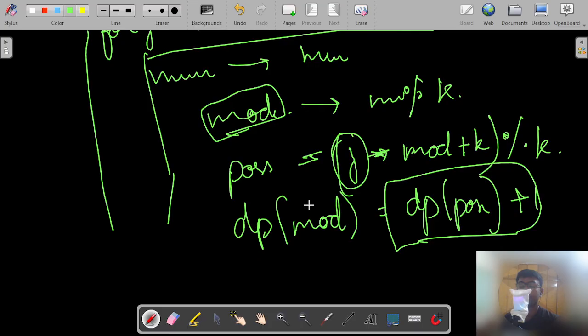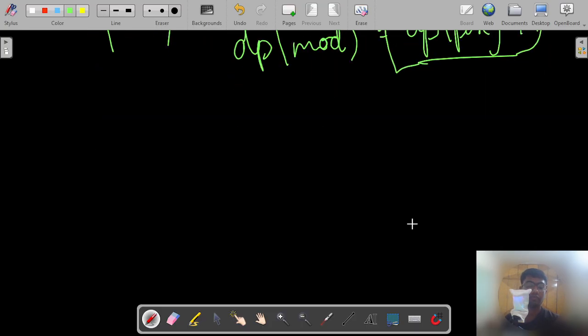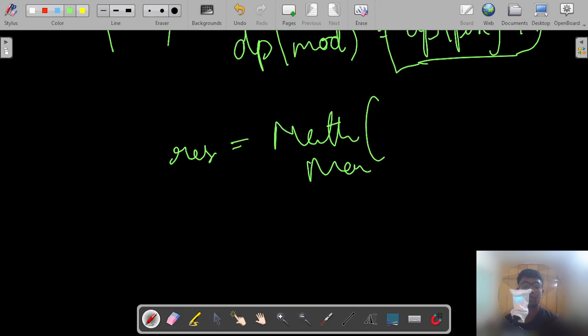And of course we definitely need to track the result with Math.max of result or the maximum value in the dp array, right?